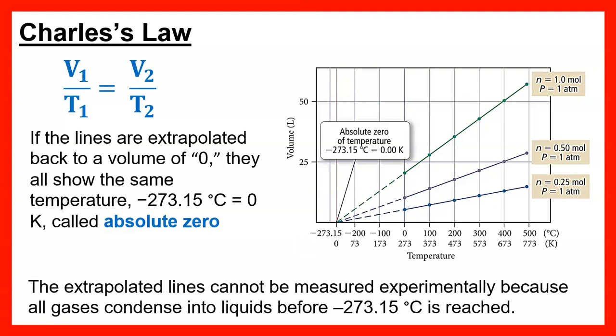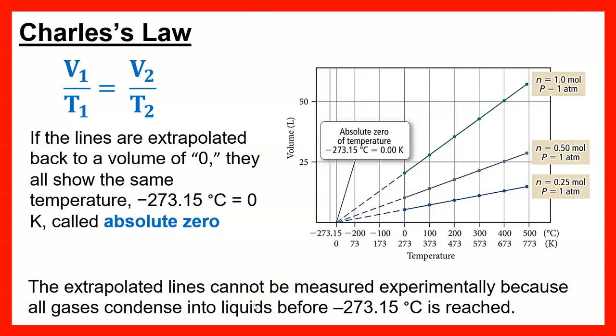So we cannot take gas law equations and get gas law data and gas law measurements, right, if they're not gases. And once they become liquids, they don't behave the same way, right? So that's why these dotted lines are extrapolated. I think that is very important that you understand that when you're in AP Chem.